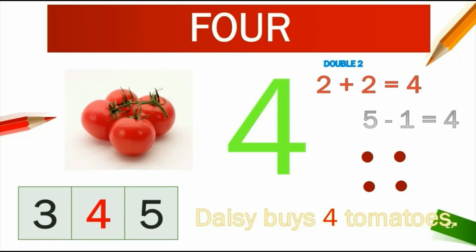For example, when we teach numbers, we teach the cardinal numbers and the ordinal numbers, and use language, such as 'Daisy buys 4 tomatoes', to use literacy to support the quantities, to explain the quantity, the number words, and the numerals.